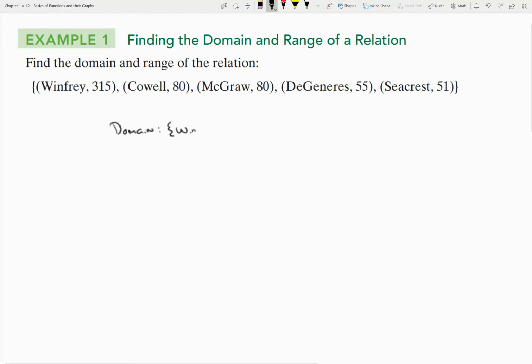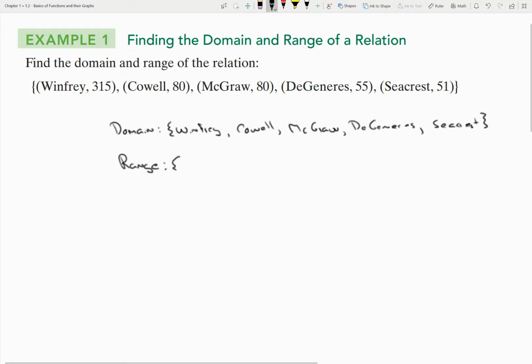So that's Winfrey, Cowell, McGraw, DeGeneres, and Seacrest. Okay, all of the first components of the ordered pair. The range is all of the second components in an ordered pair.